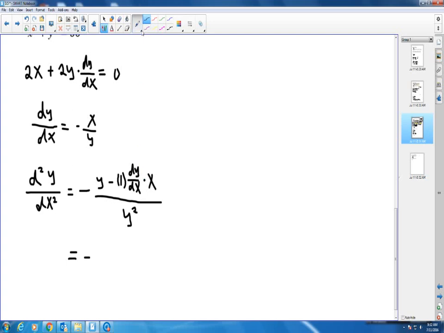Okay, but you see this is cool. The dy/dx is already negative x over y, so what I can do is substitute negative x over y for my dy/dx.